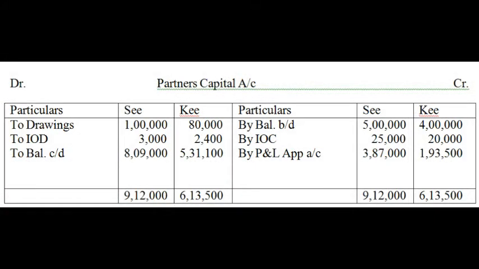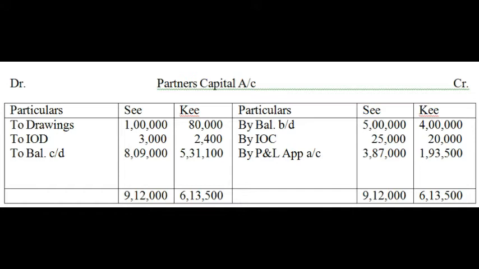This is the capital accounts of partners. On the right-hand side, the credit side, you see by balance b/d, the capitals of both the partners, 5 lakh and 4 lakh. The second item is by IOC, interest on capital, credited to partners. The third item is by profit and loss appropriation account. This is the divisible profit that the partners have received as per their profit sharing ratio.